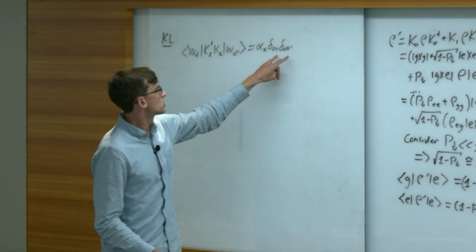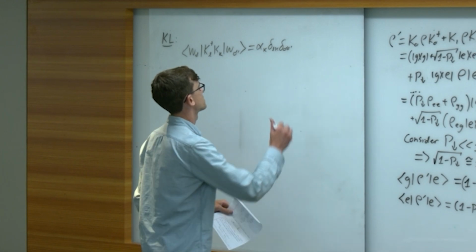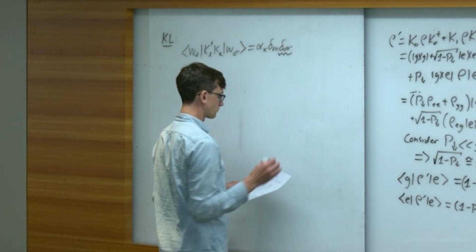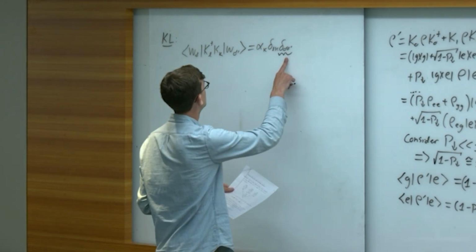So what is going on over here? The delta sigma sigma prime, why do I need this?